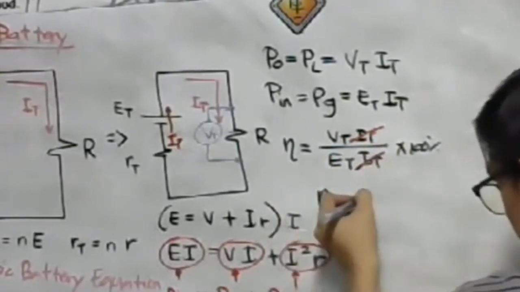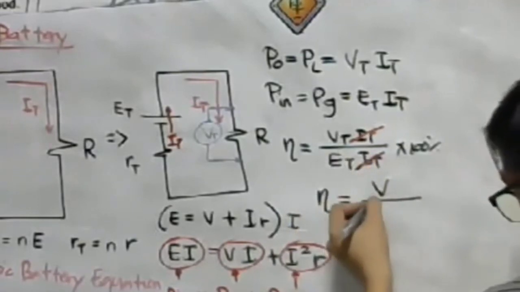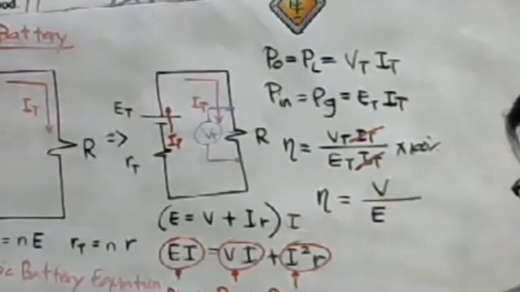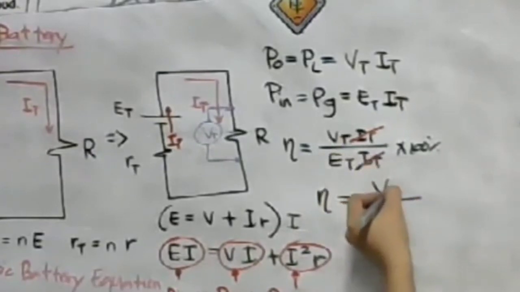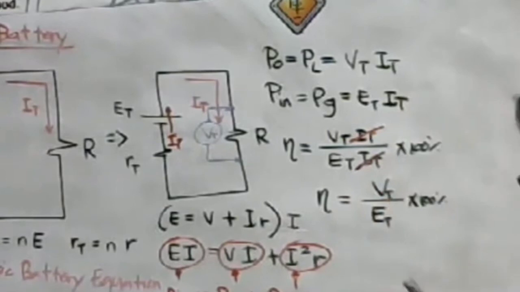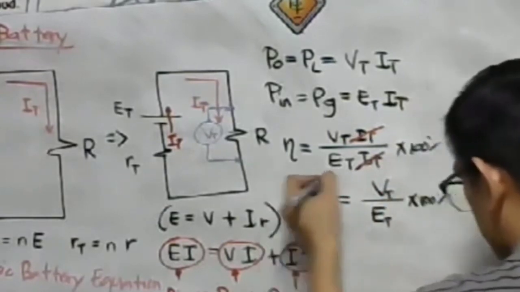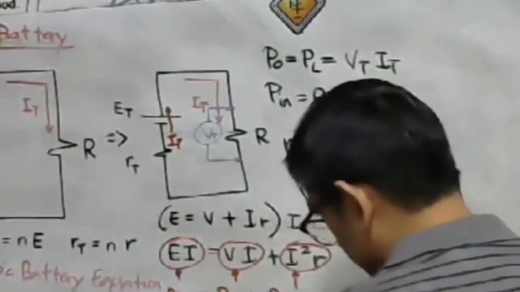Therefore, the efficiency is simply the load voltage over the source voltage, or the total voltages, times 100%. So these are the formulas that we will need to use for the next problem. Okay?